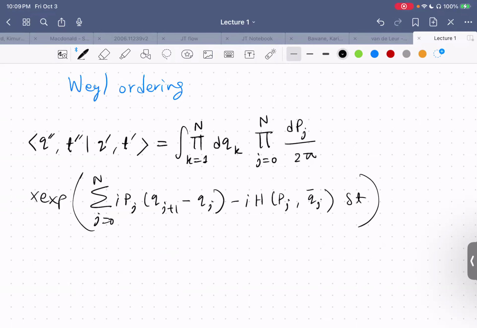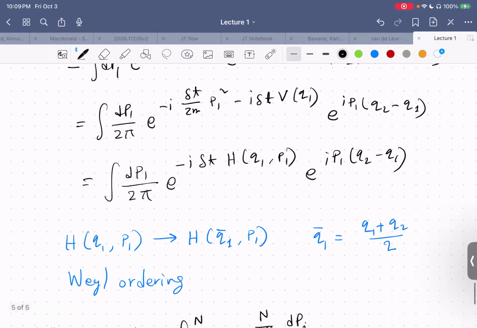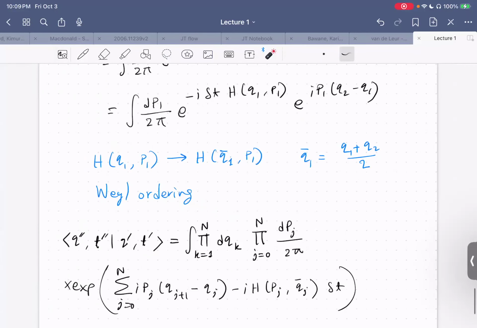Okay. So again, we have a factor of the Hamiltonian for each. Each summand here came from one infinitesimal amplitude. So we have one factor of the Hamiltonian evaluated at the jth interval, coming from here, multiplied by delta t, and one factor of p and the difference of q, again, once for each interval.